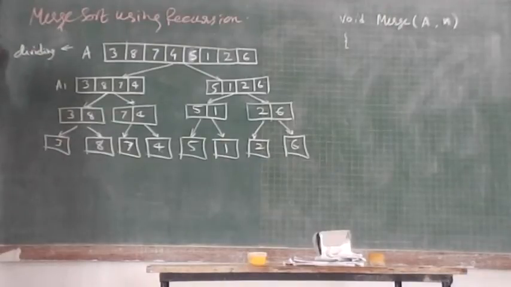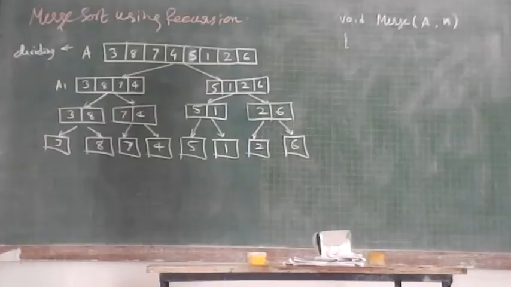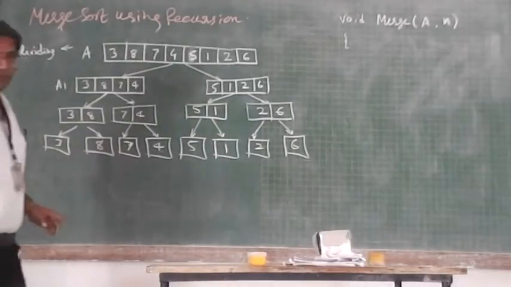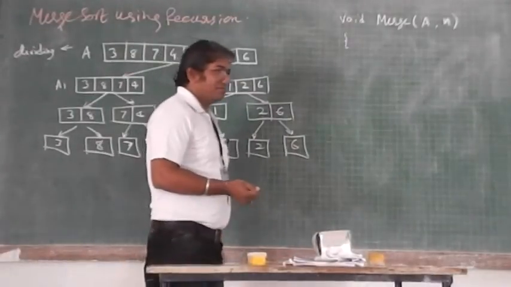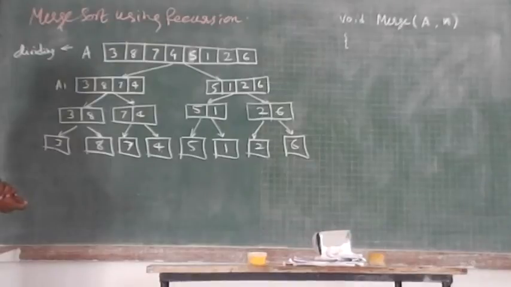Merging procedure. So in this case 3 and 8, I am having an idea for merging. How do I merge? If I want to merge these two subarrays having elements 3 and 8, how do I do it? You have read the merge algorithm, haven't you? What do you do? I compare this element with this.